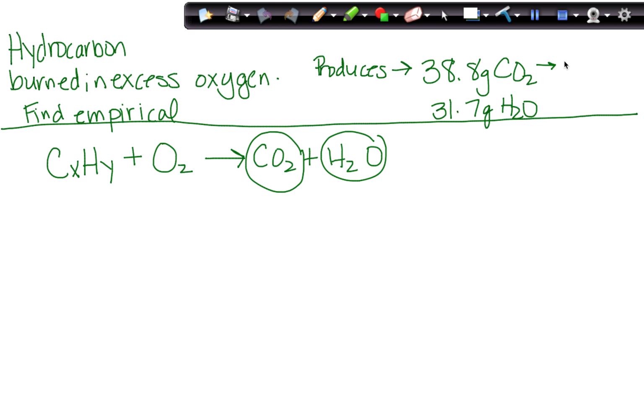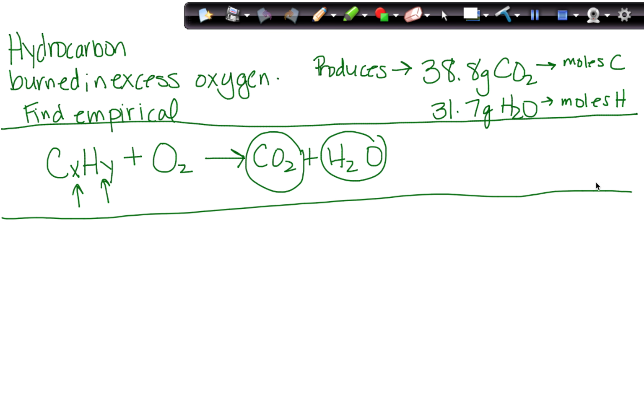We want to convert those amounts of grams to moles of carbon and moles of hydrogen. The ratio of carbon to hydrogen moles found in CO2 and H2O will give us the ratio of C to H in the empirical formula. And if we reduce that to the lowest whole numbers, we will get the empirical formula.